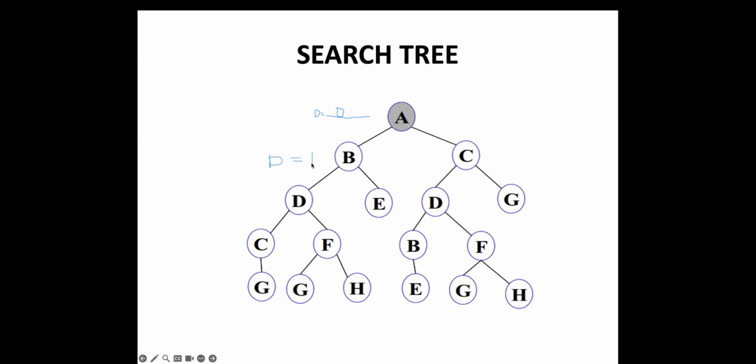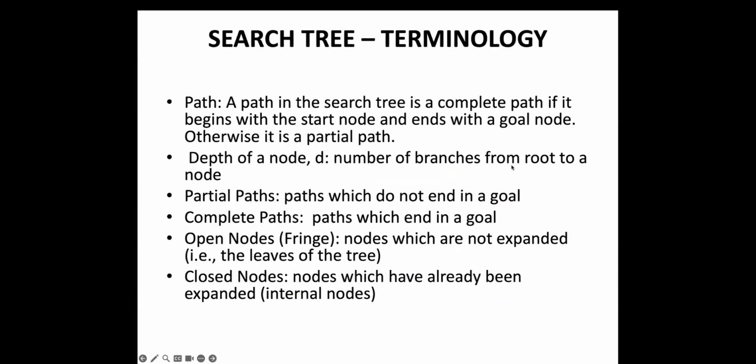Then D, E, and G, the depth here is 2. So for us to get to this level, we have to branch 2 times. So that is the depth of a node.